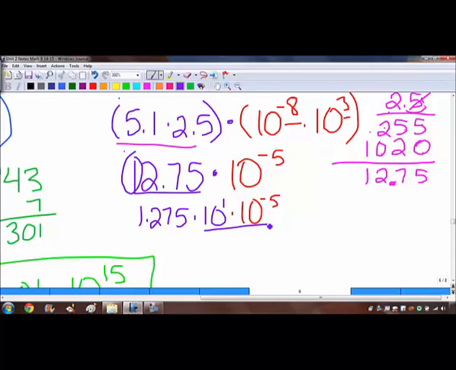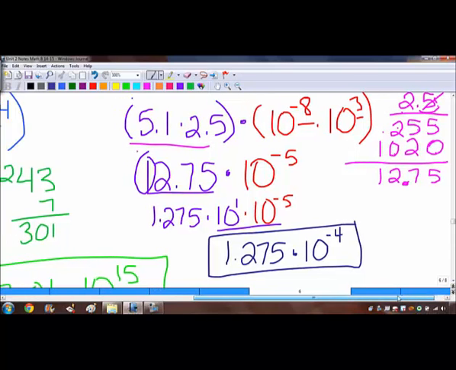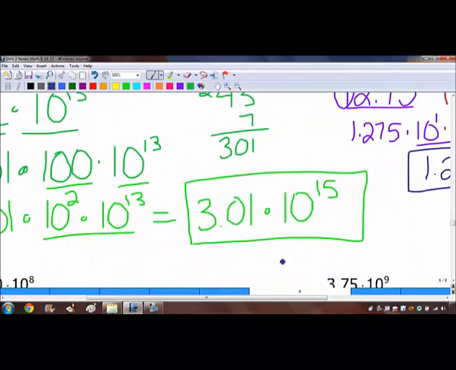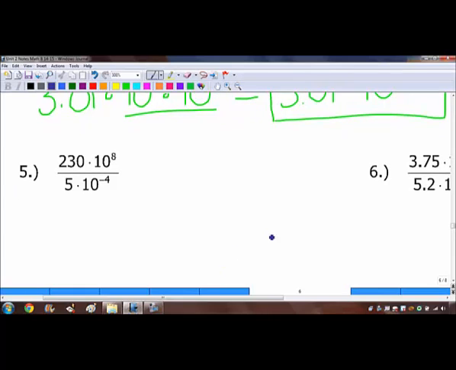When you multiply, you add your exponents, so your final answer is 1.275 times 10 to the negative 4th power. Okay, and again, I know it's weird, but we are going to do lots and lots more practice until you're comfortable with this stuff. Okay, all right, so next example, question number 5.